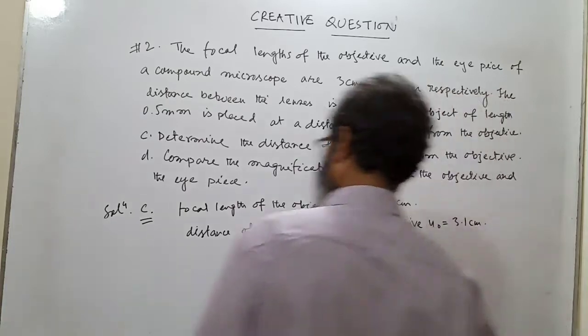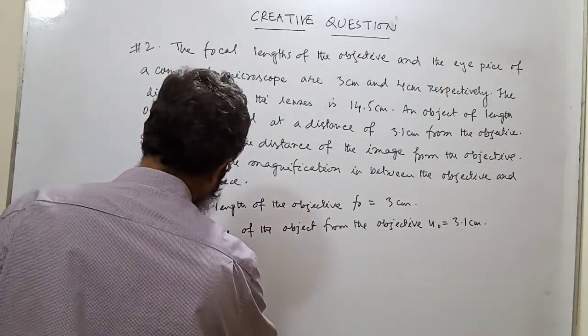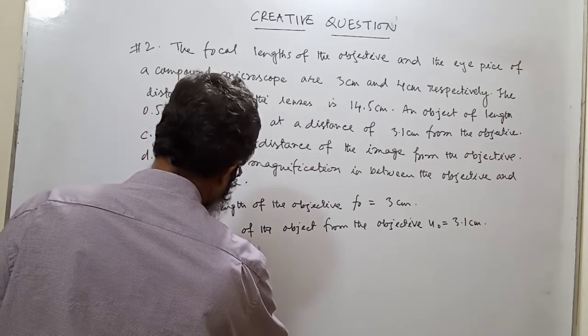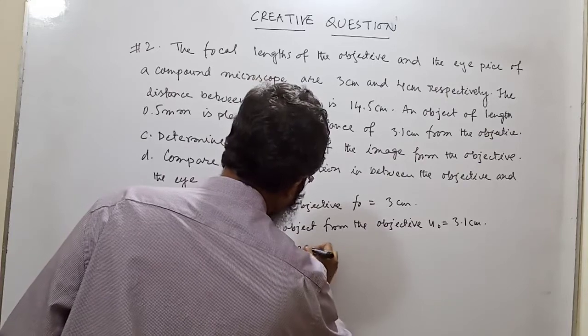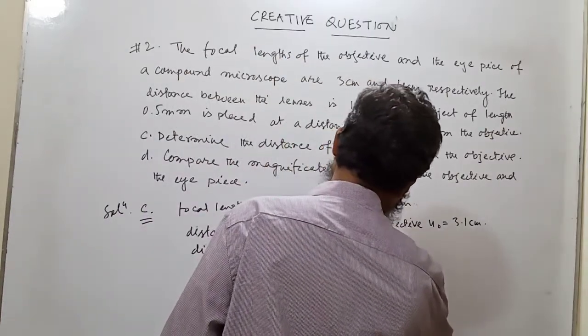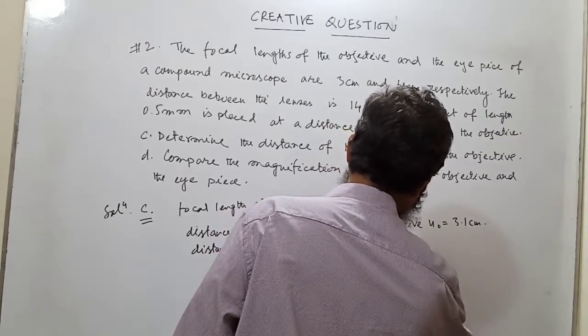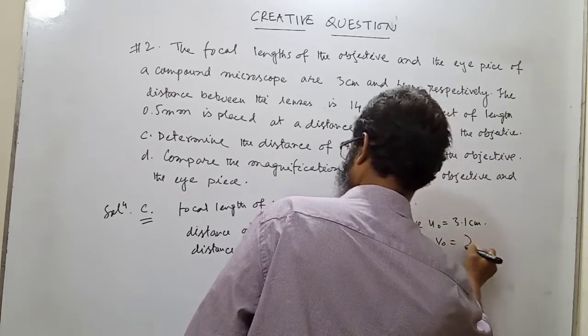We have to find the distance of the image from the objective, that is v naught, equal to what?